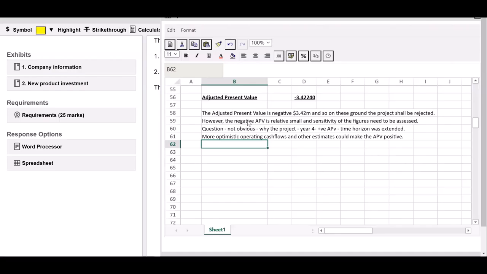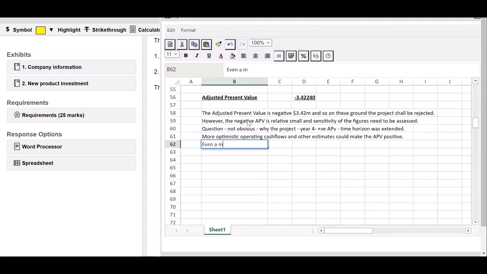What else? We can also speak about the discount factor. See, after all, it's a relatively very small negative. Even a minor adjustment to the discount rate could have made this a positive APV. So we can even comment upon it.